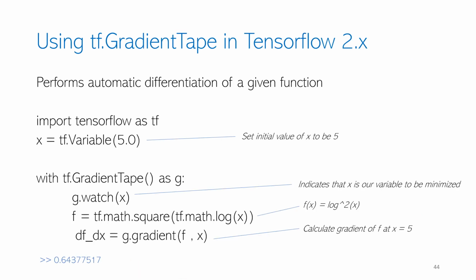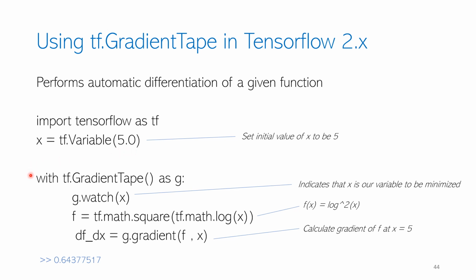In TensorFlow version 2, we can calculate the gradient of any function with respect to any of its arguments using tf.GradientTape. So what we do here is, let's say we have defined a variable with initial value of 5.